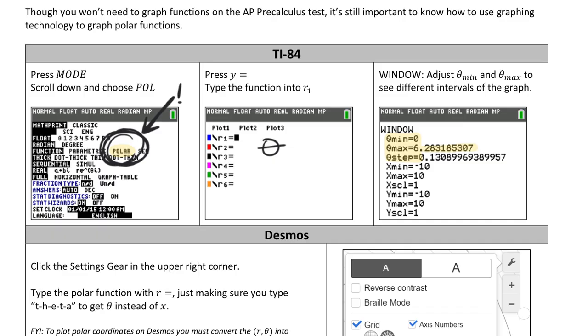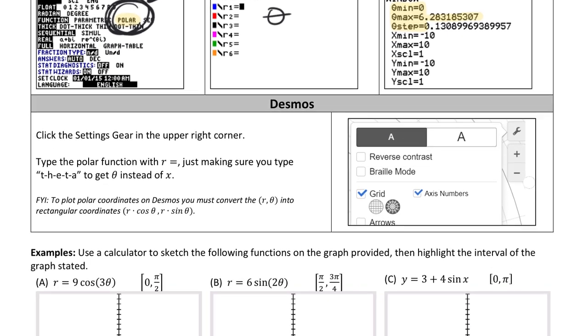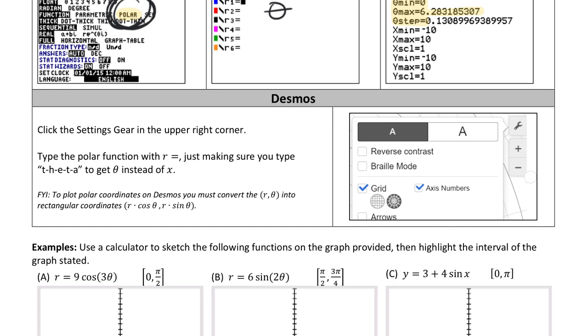Before we do some practice problems, because I'm going to have you split the practice problems in half, you can do this on Desmos. Desmos has a polar setting that you've politely ignored. If you click on the gear or the wrench in the corner, the settings tool, there is an option for a polar grid. So you can see the polar functions on a polar grid.